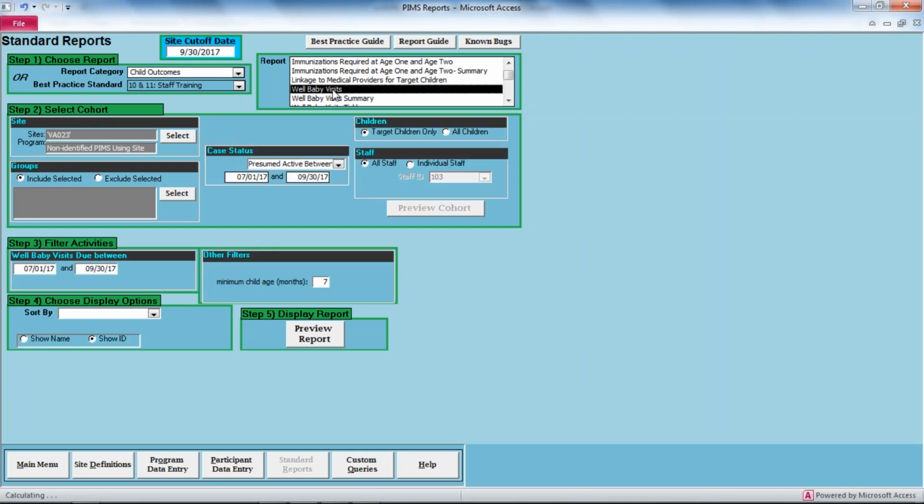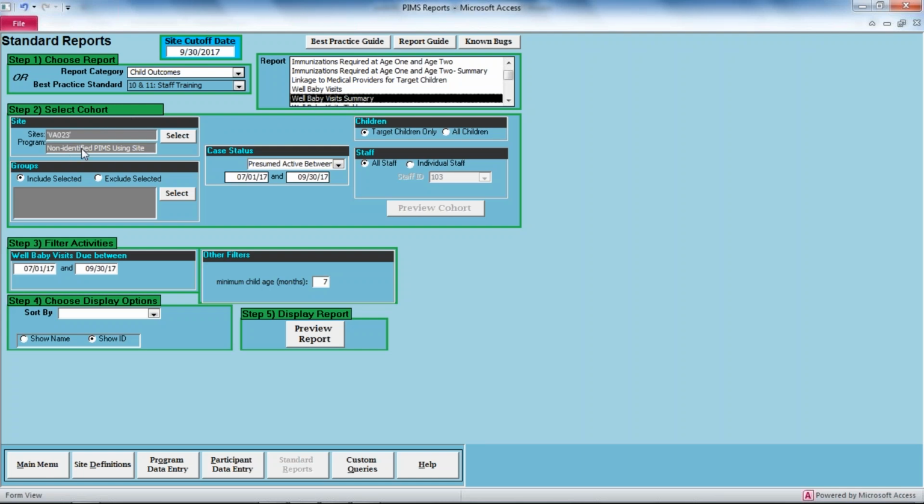Where it says well baby visits, it's going to be a report for individual children. Where it says well baby visits summary, it'll be a report that summarizes categorically the percentage of kids attaining different levels on that.